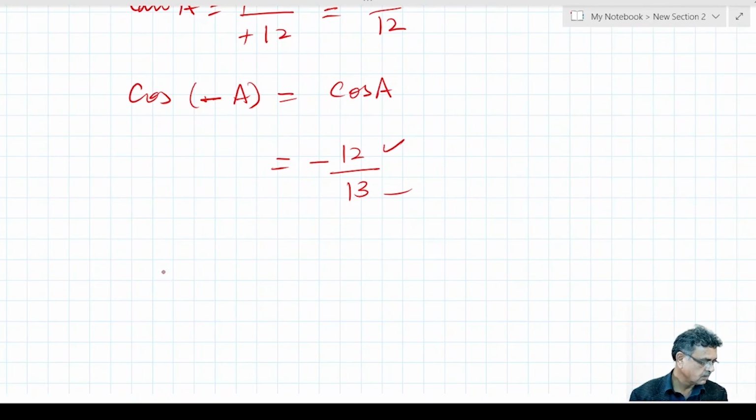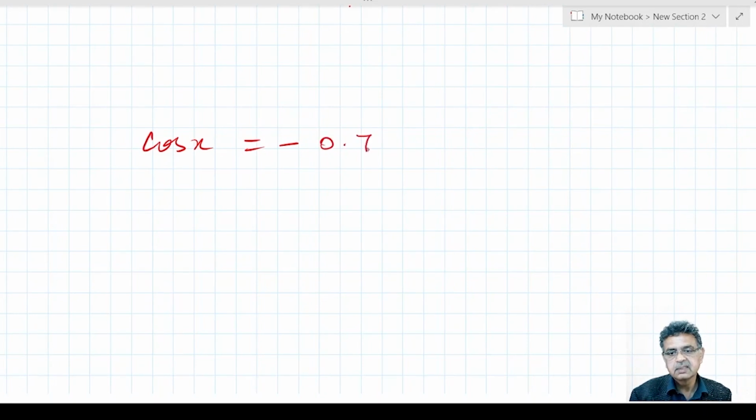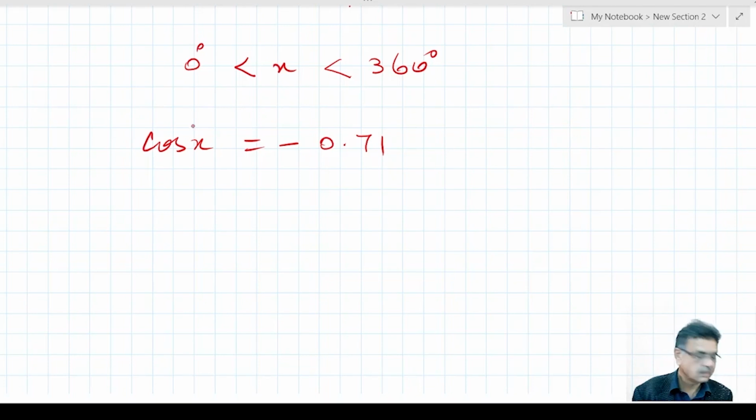Now find all the angles such that, now if value is given, cos x equal to minus 0.71. Okay, this time values are given and we have to find the angle, and the range of x may be any value between 0 and 360 degrees.